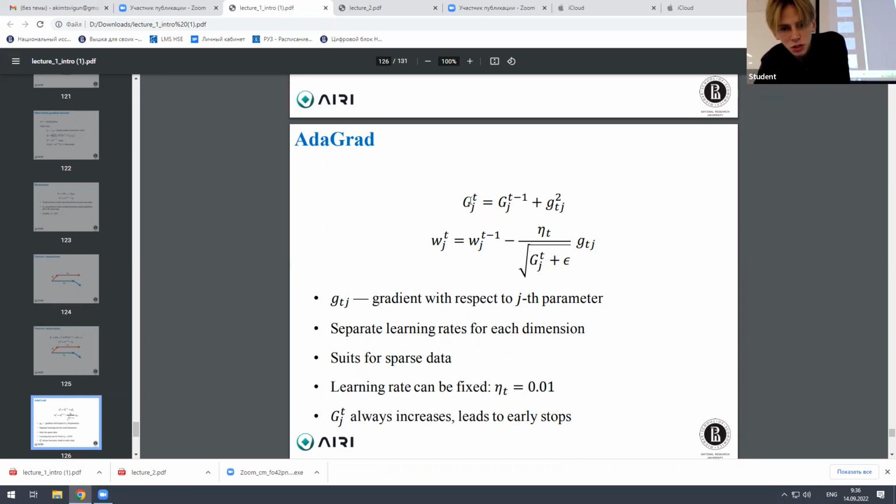This part, capital G, is the one which accumulates the information of the squared gradients of the parameters. The idea is very simple. If our parameter had high gradients throughout a long period of time, probably it has already converged.